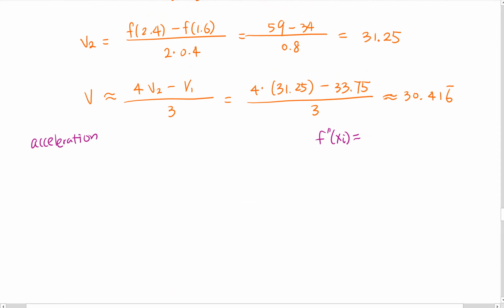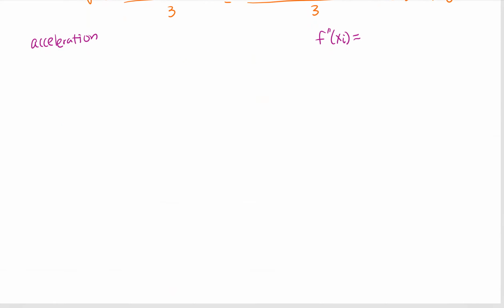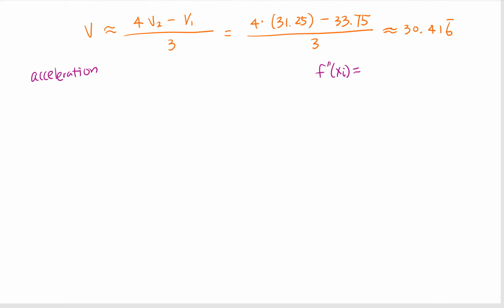So here we have f of xi plus 1 minus 2 f of xi plus f of x sub i minus 1 over h squared. Okay, so what is A1?